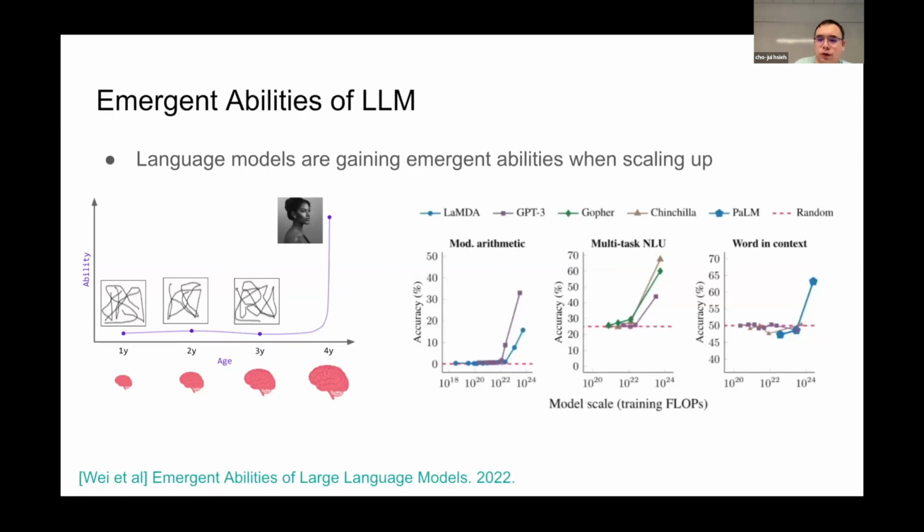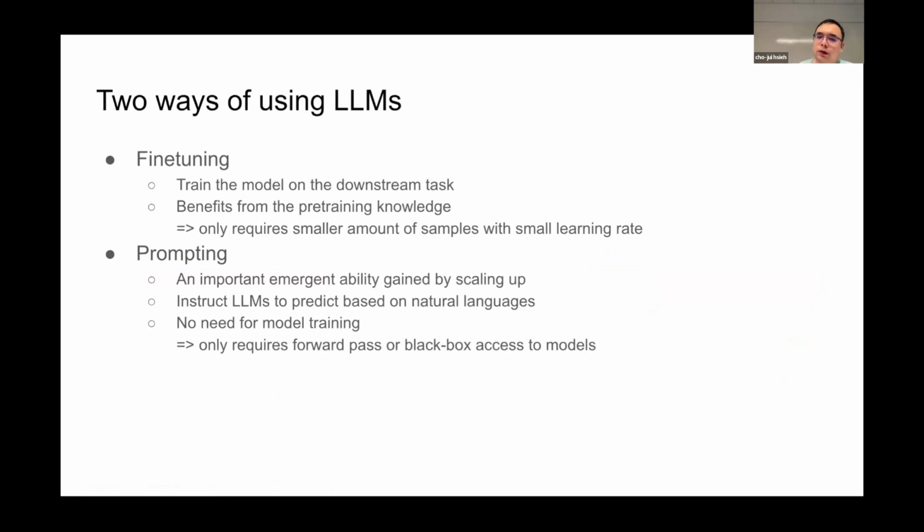Okay, so today we're going to show what large language models can do, and we're going to talk about two ways to use them. The first way is fine tuning, which I think you already saw in the previous lectures. Earlier, when people used BERT models or other smaller language models, they always did fine tuning, because your model learns something from the pre-training data, and then you fine tune the parameters of your model on some end task that you care about, and then you can get good performance.